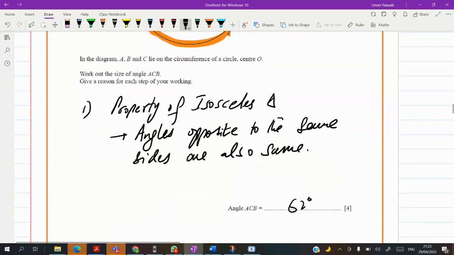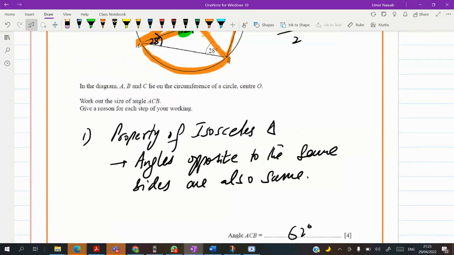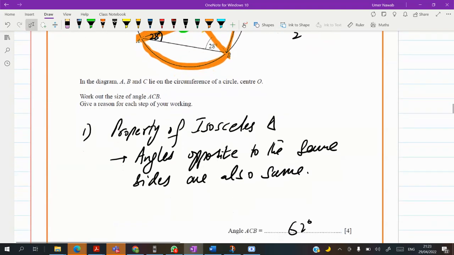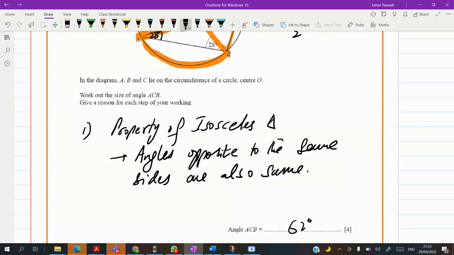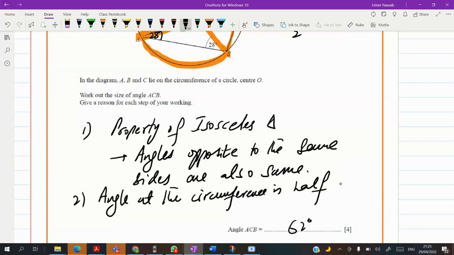It's up to you. How do you understand the property, and how do you convey it to the examiner? But angles opposite to the same sides in an isosceles triangle are also the same. The second property which I used here, guys: angle at the circumference is half the angle at the center by the same arc.